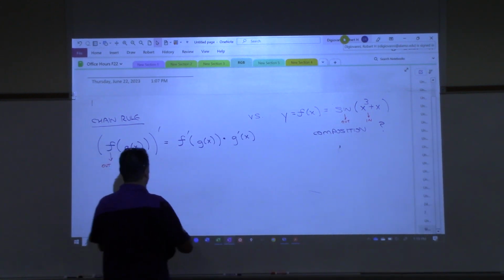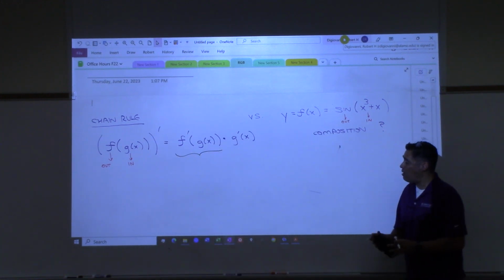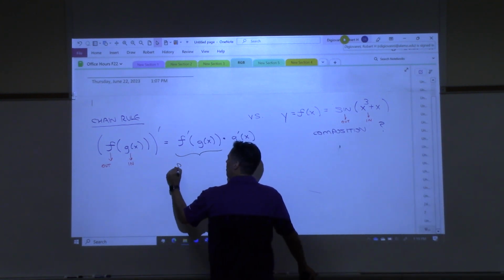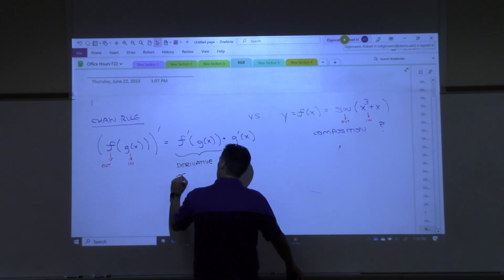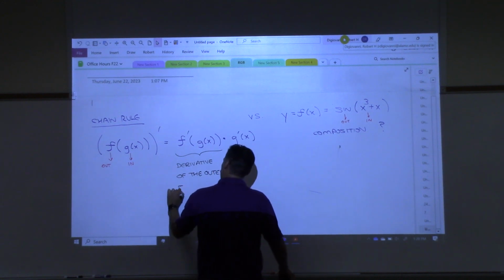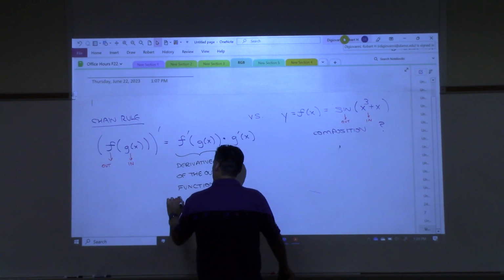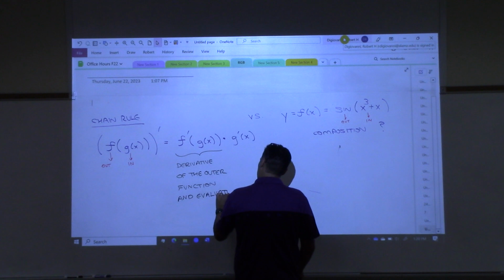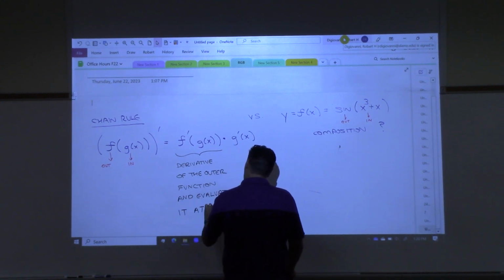So this first piece, I'm going to describe that piece in words to you. What you're doing here is you're taking the derivative of the outer function and evaluating it at g of x.